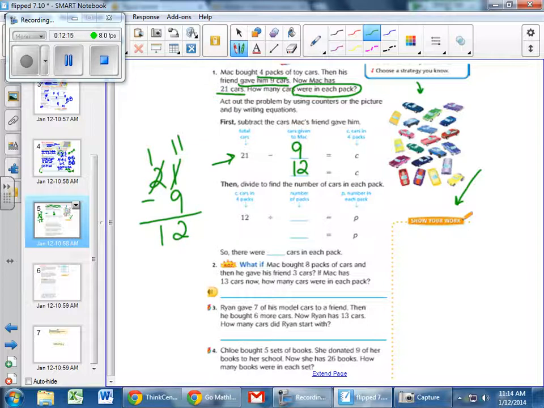Okay, so now they want to know how many were in each pack of cars that he bought. So he started out with the 12 cars before his friend gave him any. And he bought 4 packs. So now you have 12 divided by 4. Okay?